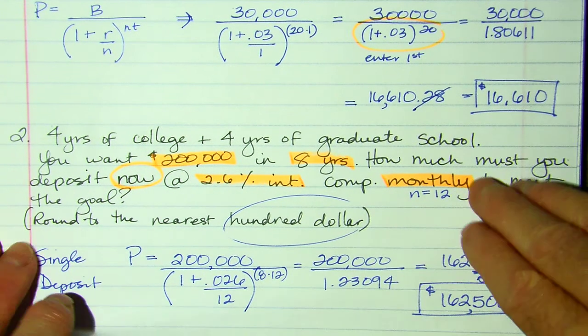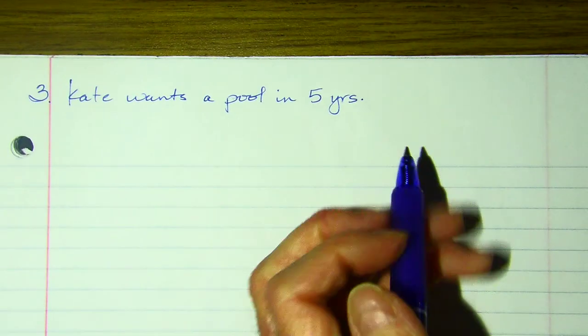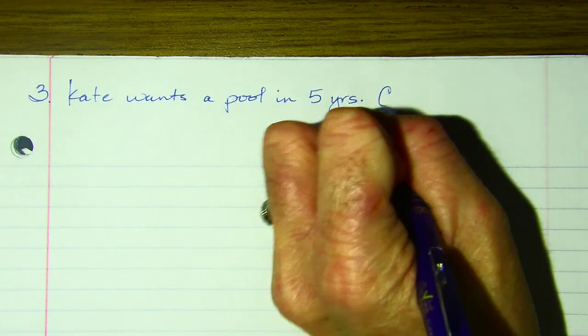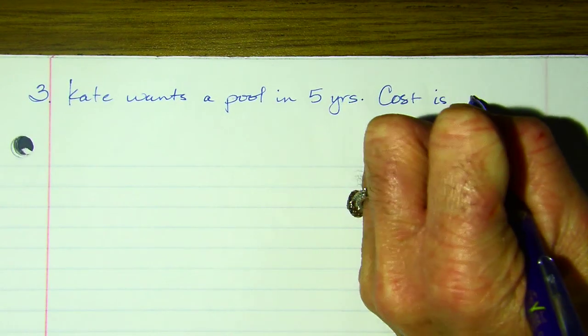All right, next one. I'm going to try to use shorthand. So Kate wants a pool in 5 years, like an in-ground pool. Sorry, you can't see that. Cost is $50,000.